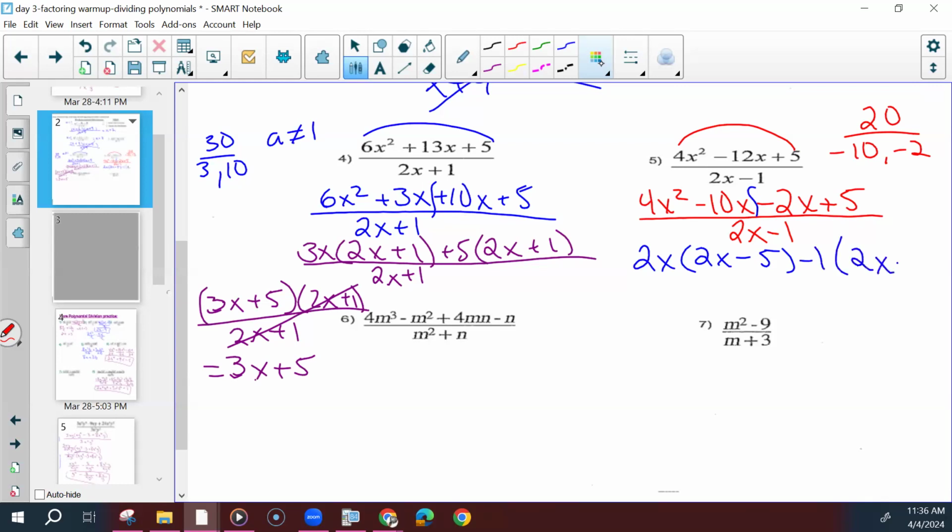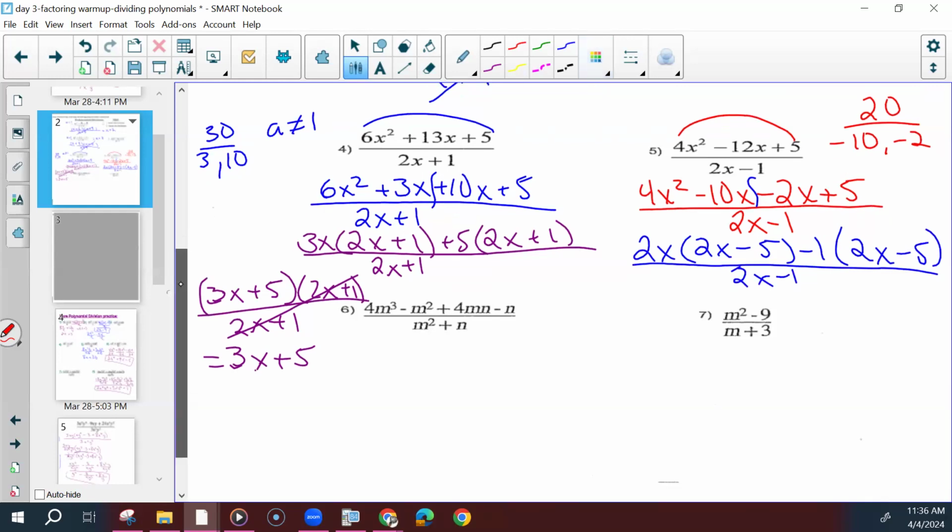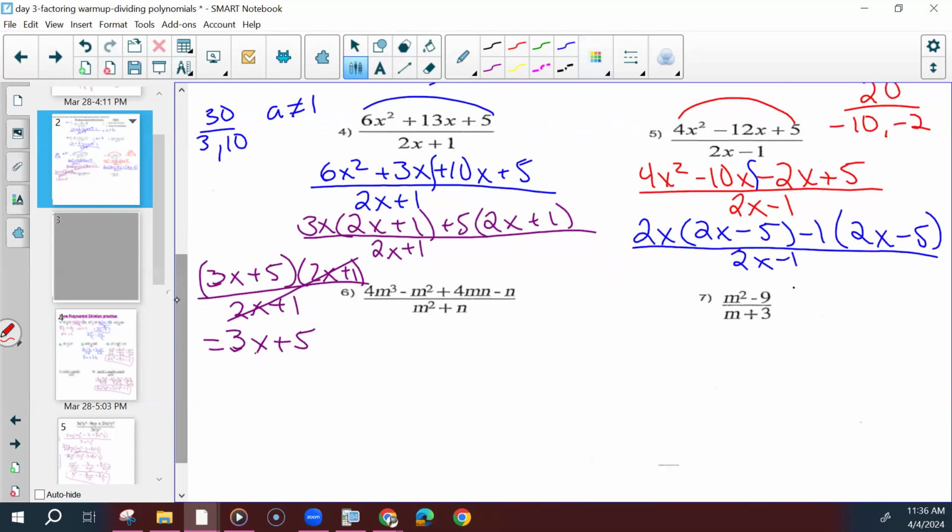Which would give us 2x minus 5. And then if I rewrite my final factors, we have 2x minus 1 and 2x minus 5 all over 2x minus 1. We cancel out the like factors, what's left? 2x minus 5. Make sure that you are canceling out the like factors. Questions there?